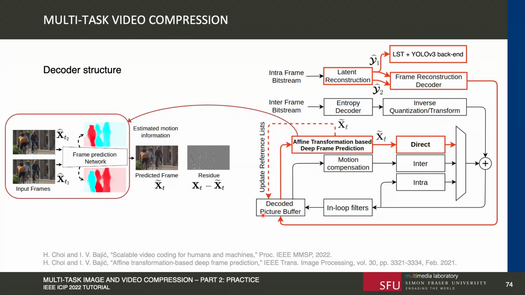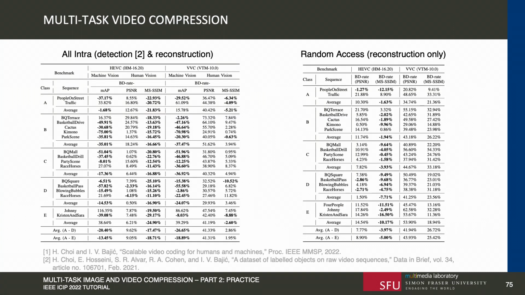And in that case, some additional motion might be used. So basically at the encoder side, the particular mode in which this synthesized frame will be used gets decided based on rate distortion optimization, and other components in this coding loop come from the conventional HEVC pipeline. So here are some quantitative results for this two-task codec.